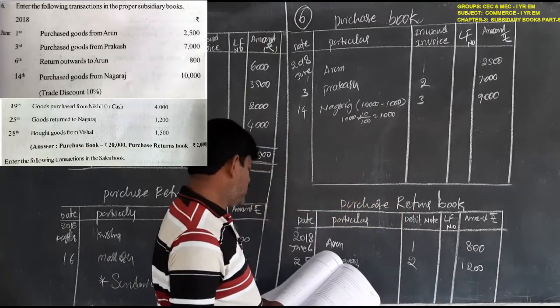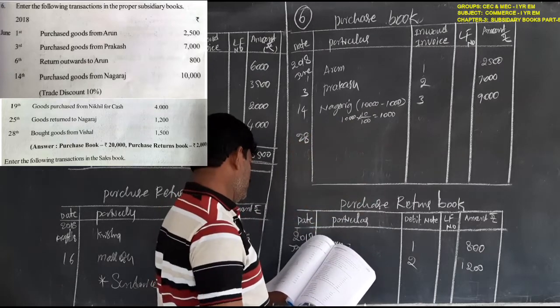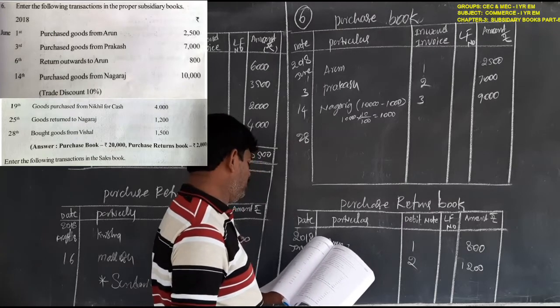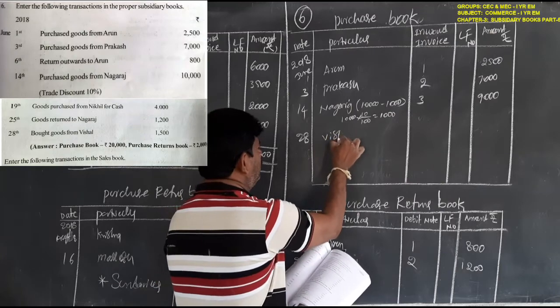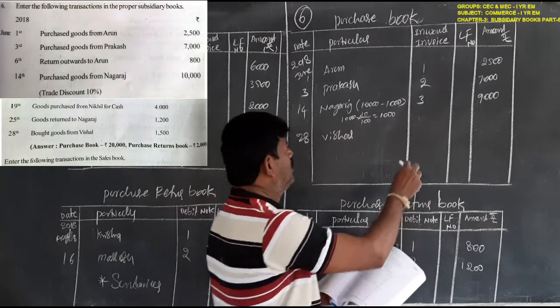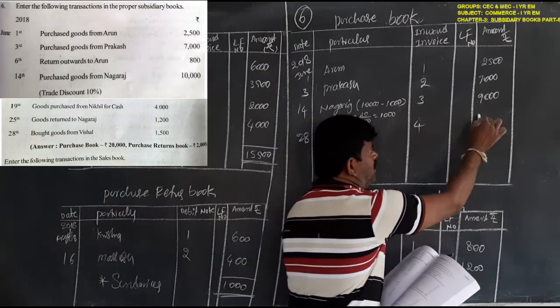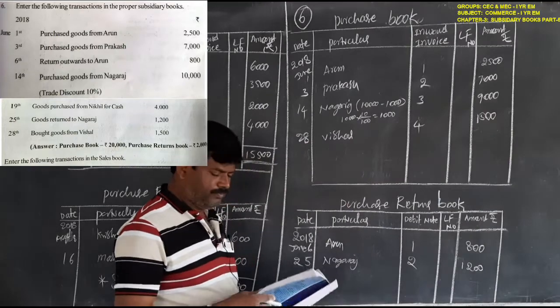Next, last, 28th date, brought goods from Vishal. Brought, bring, buy, whatever it may be, it comes under the purchase book. Vishal, invoice number 4, amount is 1,500 rupees. So this is the problem.